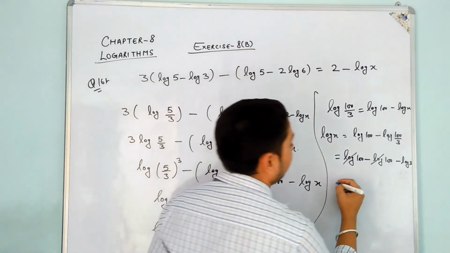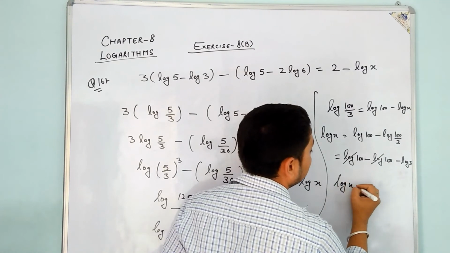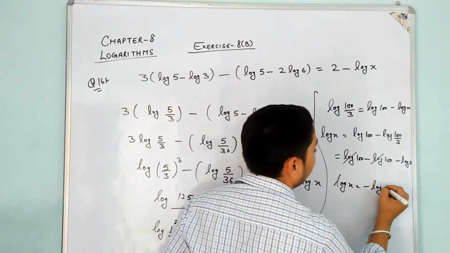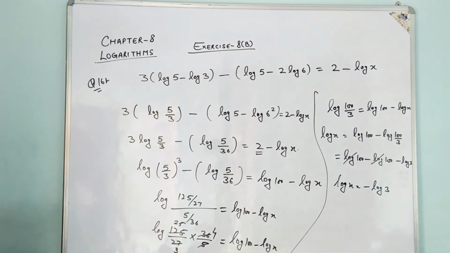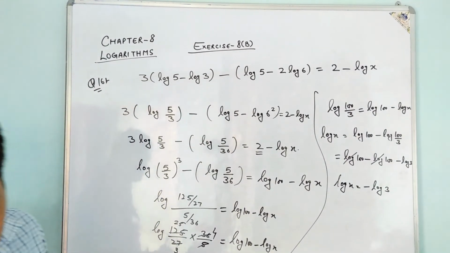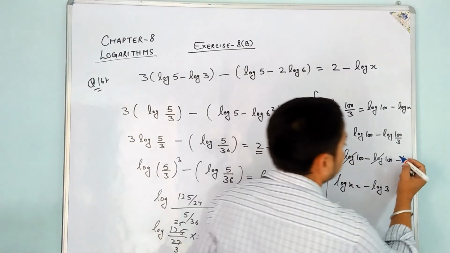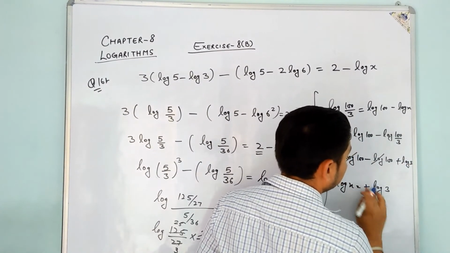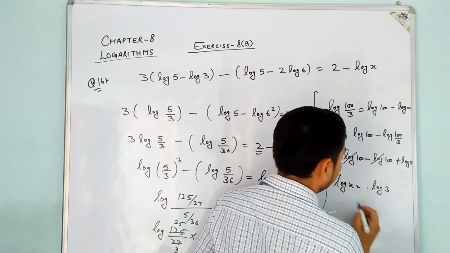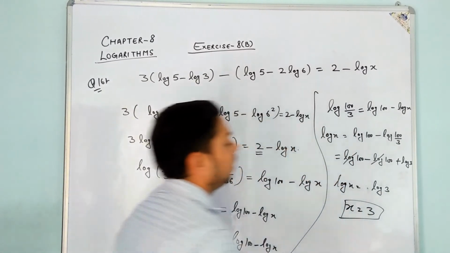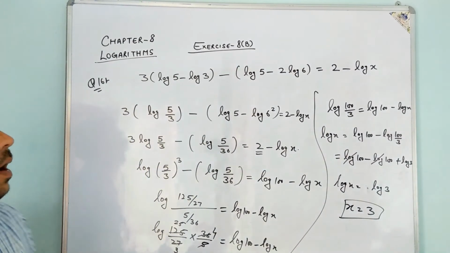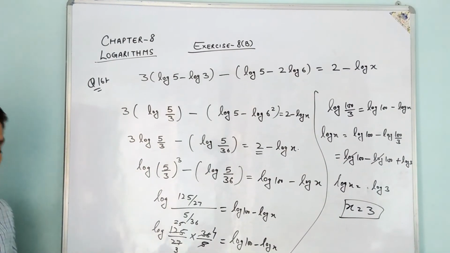So we have log of x is equal to log of 3. Sorry, this sign is plus. Okay, log of x is equal to log of 3. Taking anti-log on both sides, we have x is equal to 3.